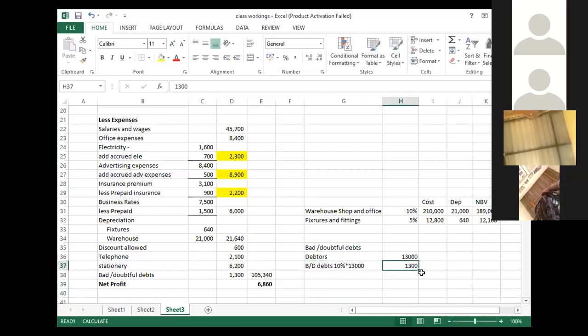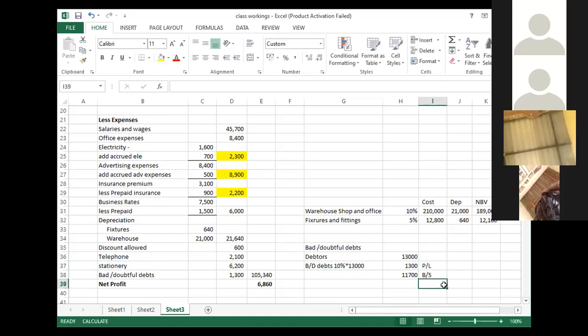And therefore, you expect that we'll subtract them from the debtors, right? So this amount for bad debts will go to P and L. And this amount, which is the new balance here, will go to the balance sheet as our new balance for debtors.